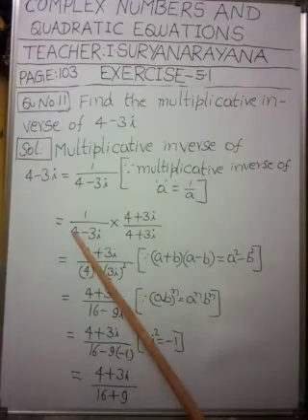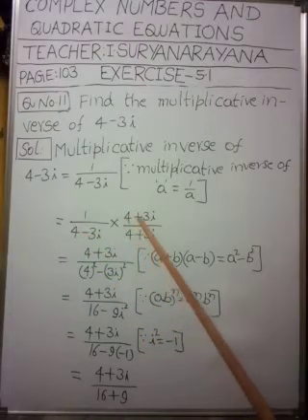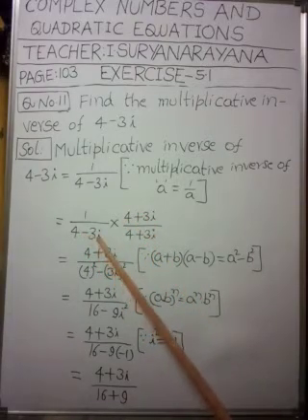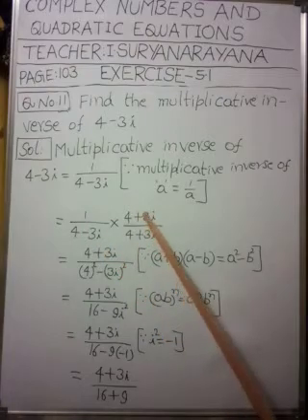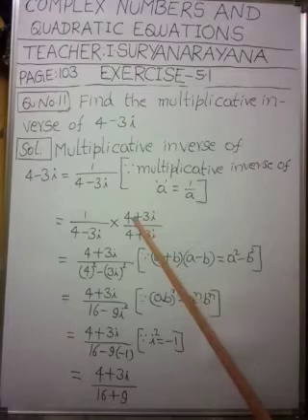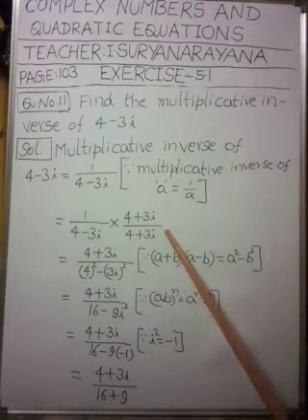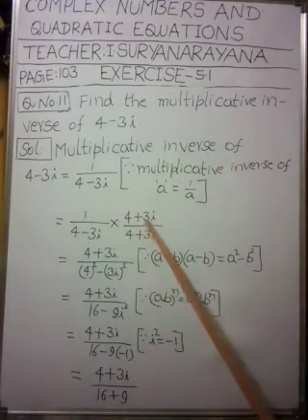So what is the conjugate of 4 minus 3i? Yes, 4 plus 3i is the conjugate of this complex number. So we are multiplying the numerator and denominator by its conjugate complex number, 4 plus 3i. Understood this step, my children? Right. Now we multiply numerator and denominator.